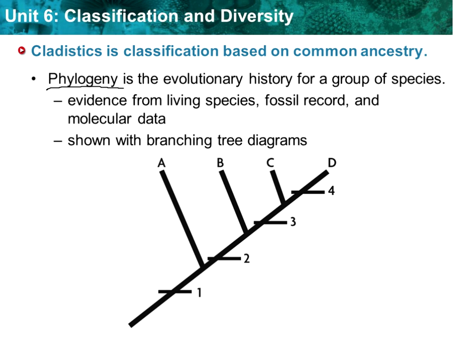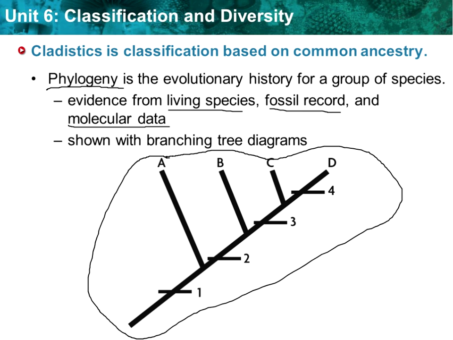They get evidence from living species, from the fossil record, and from DNA, and it's all shown using branching tree diagrams called cladograms. So this is the other way they can organize animals based on their evolution, using data from the fossil record, DNA, and other living species.